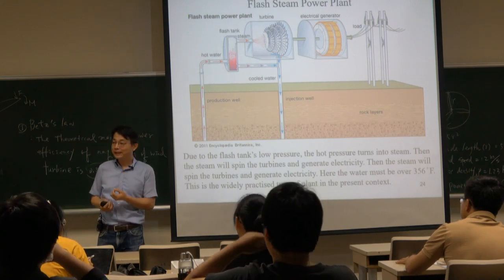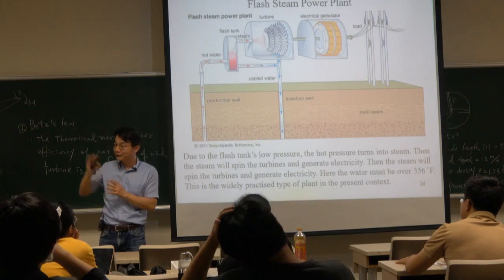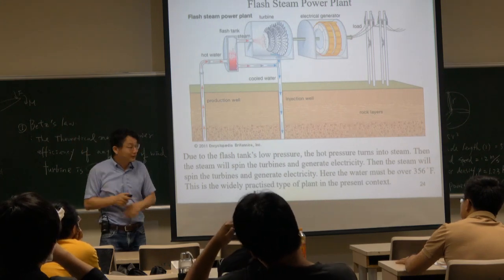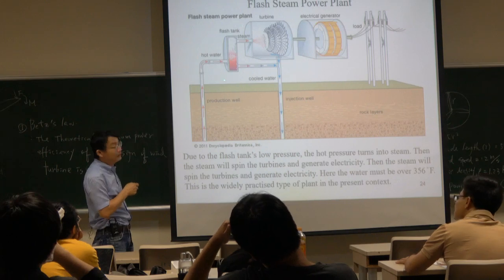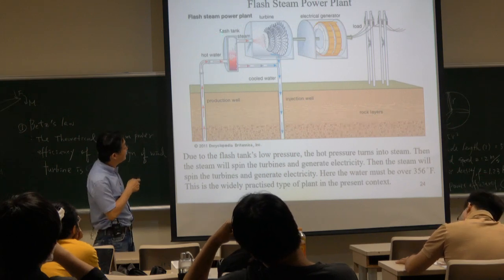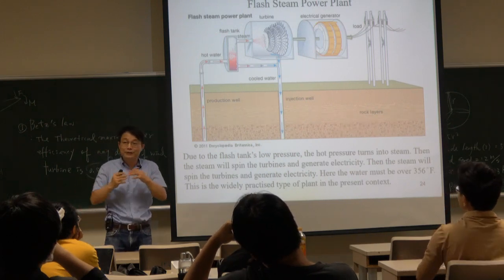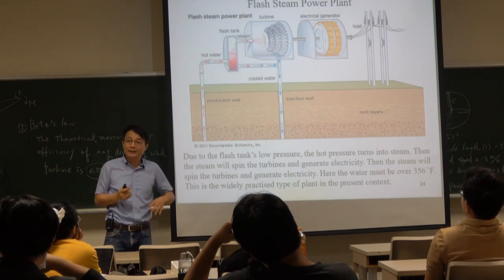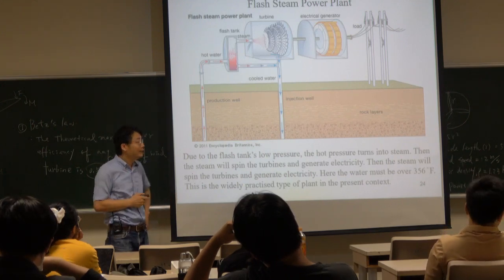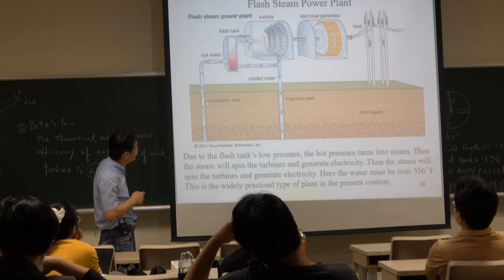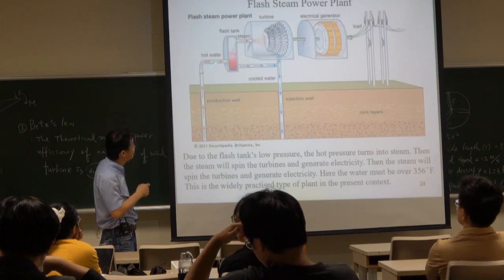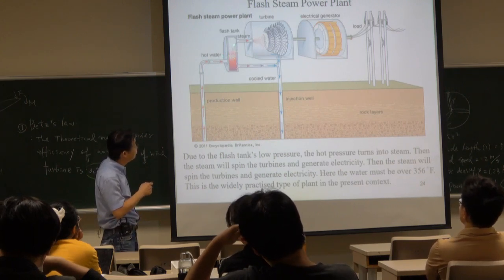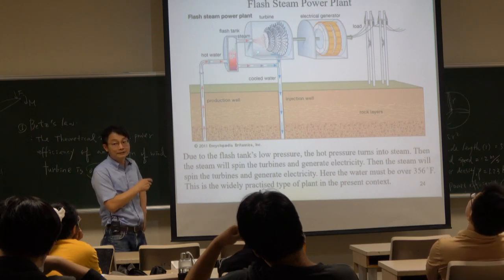The vapor can be generated at a low pressure on the mountainside. Here it's a similar situation. For the flash tank, we can use a very low pressure flash tank, and then we can control this facility. So the low temperature hot water goes here, and it can generate the vapor as well.